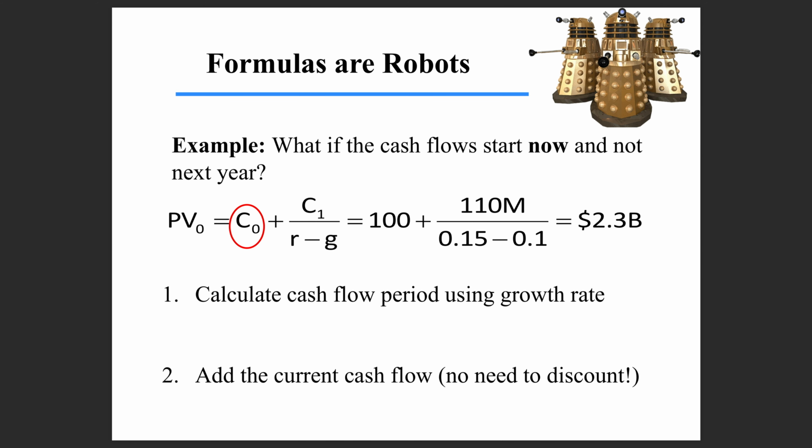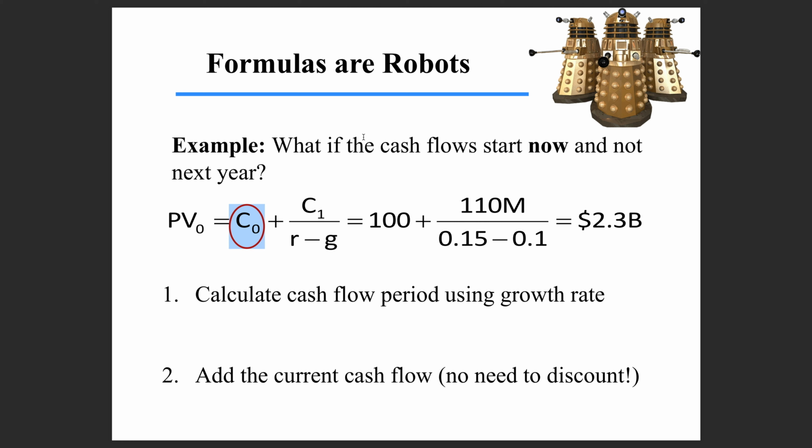If you receive some cash flow right now, it will not be counted by the growing perpetuity formula. So what do you need to do? Calculate time 1 cash flow, unless it's already given to you. But then you need to add time 0 cash flow separate. For example, what if the firm will pay $100 at time 0 and consequently will grow at 10% per year?